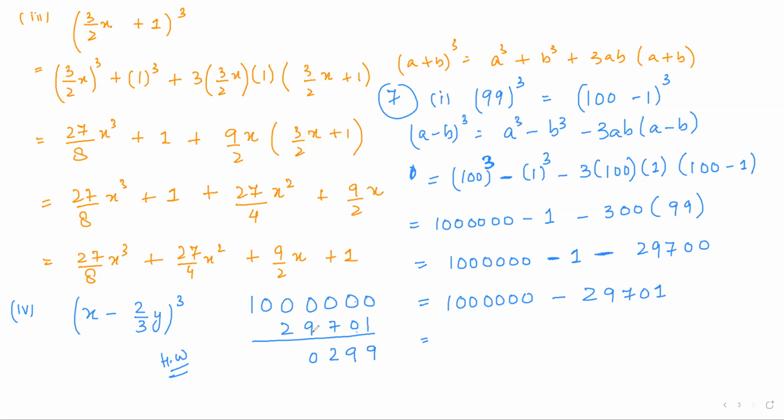Yeah, okay. 9 minus 9 is 0. Then 9 minus 2 is 7. So I think this is the answer. And yeah, here 9 will remain. So 970299.